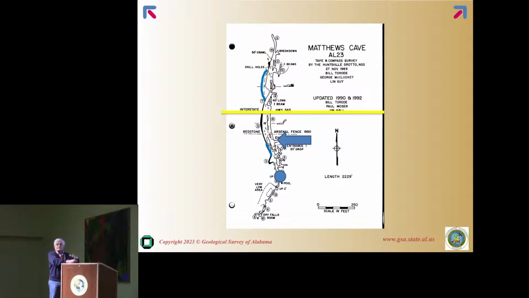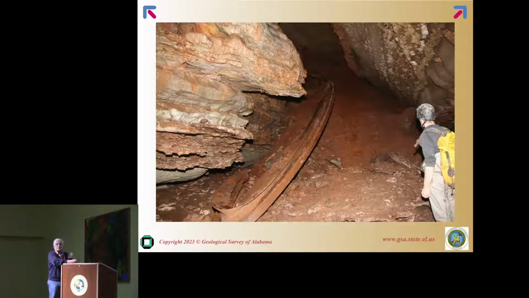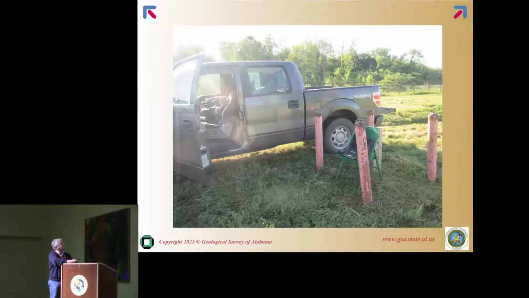The cave goes under the interstate, and definitely the DOT knew about the presence of the cave when they constructed the interstate. They tried to reinforce it, and they drove limestone beams into the ground, and 2 of the beams ended up in the cave. This is a picture of one of them, how they look today.